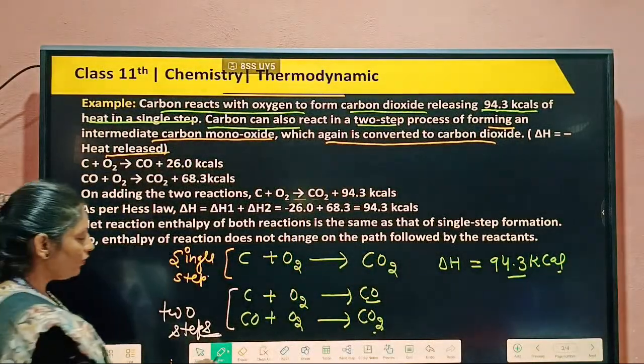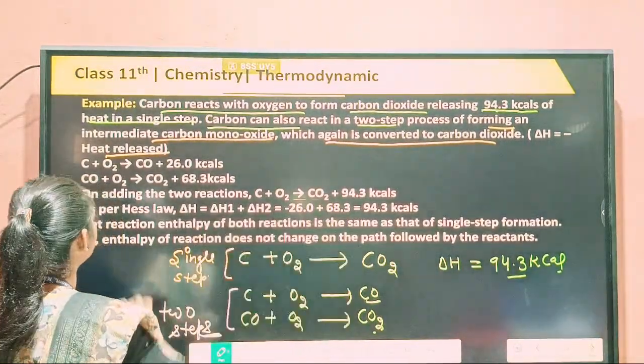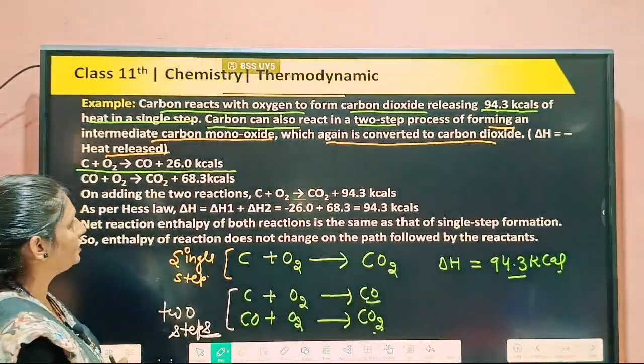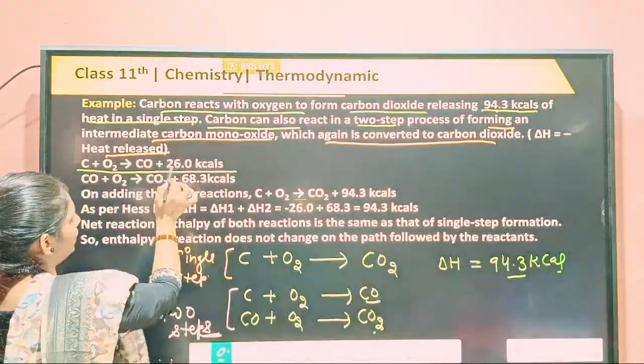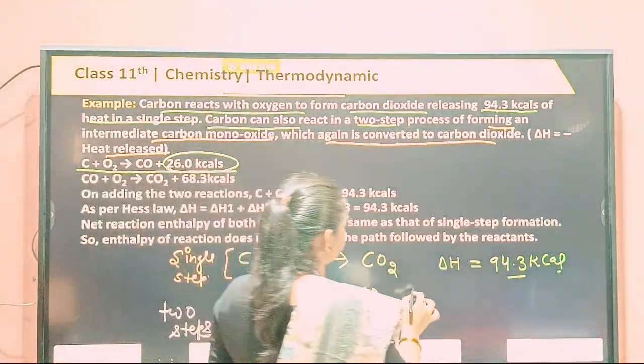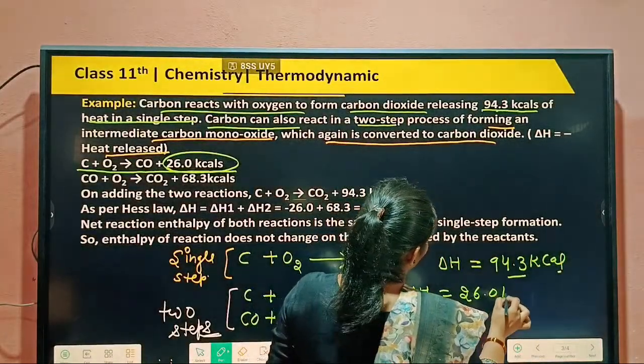In the first step, students, carbon undergoes partial combustion and is converted into carbon monoxide. So here the change in enthalpy, heat released, is 26 kilocalorie.